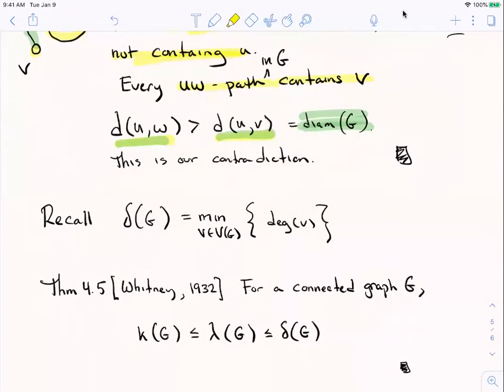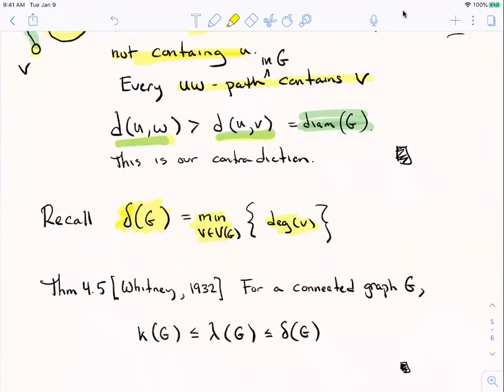So let me remind you that in our book, lowercase delta of a graph is just the author's notation for the minimum vertex degree. So you look at all the degrees of the vertices in the graph, and the smallest one, and there may be many of them, is called delta of G. For example, delta of a tree is 1, delta of a cycle is 2, delta of the complete graph Kn is n minus 1, and so on. So it's the minimal vertex degree.